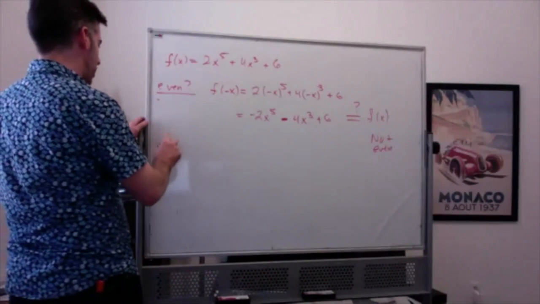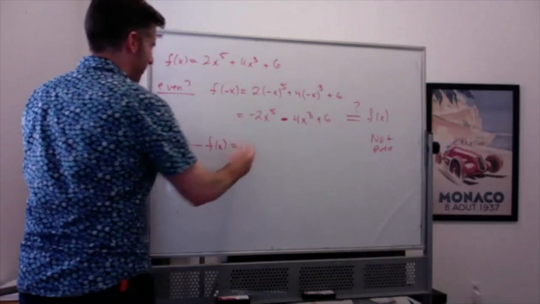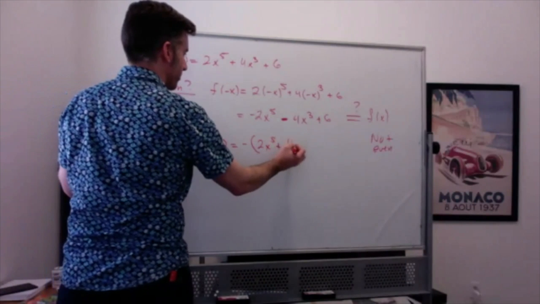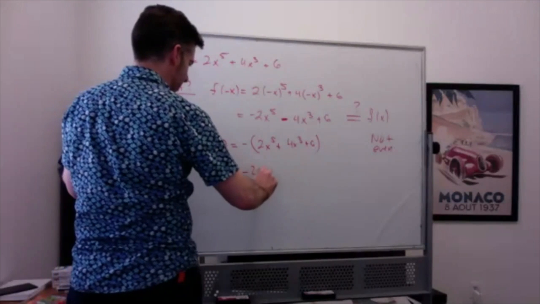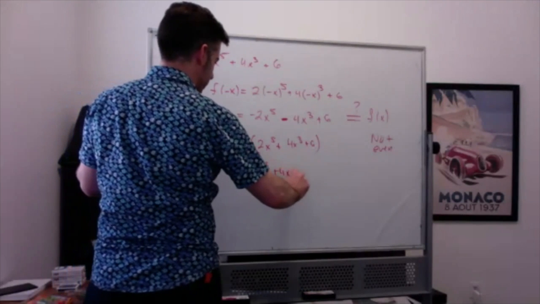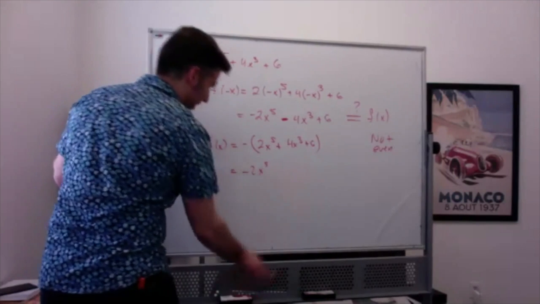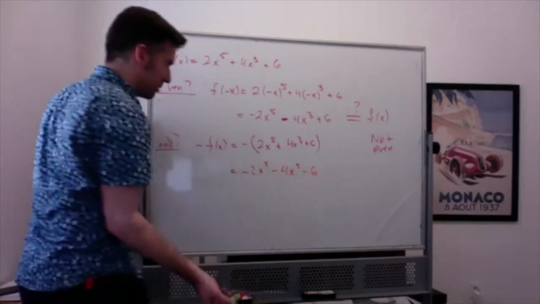So then I personally like to factor out a minus sign, but you could then ask yourself for the odd part instead, you could say, well, what's negative f of x? Negative f of x is negative all of that. If I distribute the minus sign, I get negative 2x to the 5th minus 4x cubed minus 6.